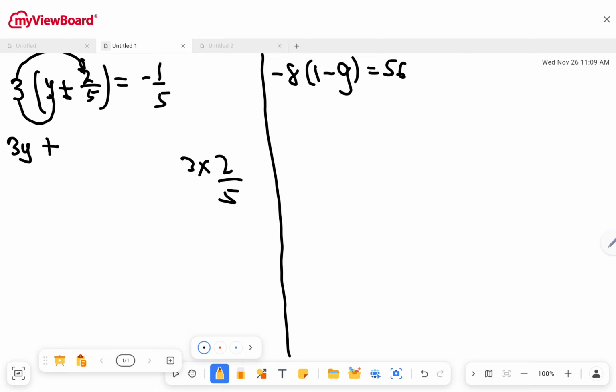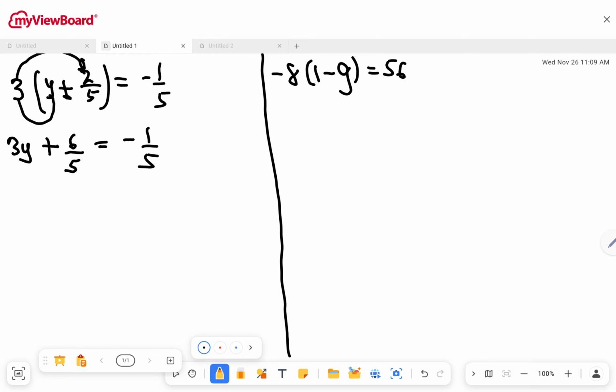So we have 6 out of 5 like this. Now, we have expanded the bracket, or removed the bracket, or used the distributive property to expand the bracket. Now we bring our equals to sign, the negative 1 out of 5.